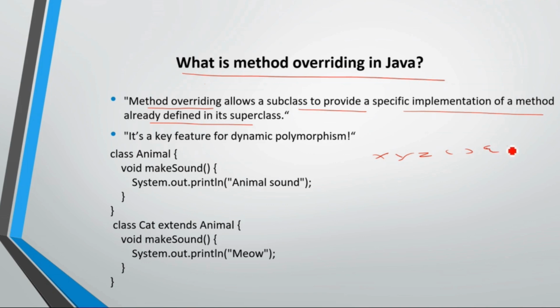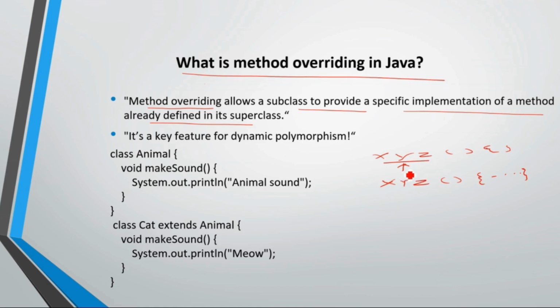But the child class is not satisfied with the implementation of this parent class method, or the working of the parent class method. Then the child class can redefine that parent class method with a different definition, so with a different implementation. So that is called overriding.